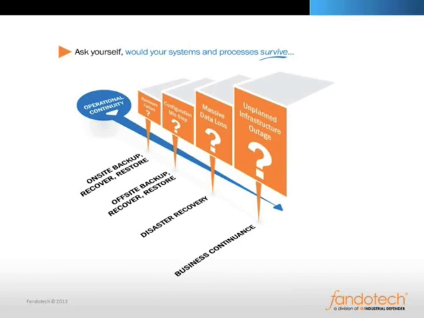So I would pose the question to you: ask yourself, how would your systems and processes survive this type of scenario? There's hardware failure and, for example, on-site backup and recovery and restoration capabilities. You have the ability to restore that data if that data repository is on-site. Off-site backup: say you have an issue with a system and you need to recover it from a cloud backup, or having the old adage of sending tapes home with your admins, or an Iron Mountain type setup where you're shipping your tapes out.